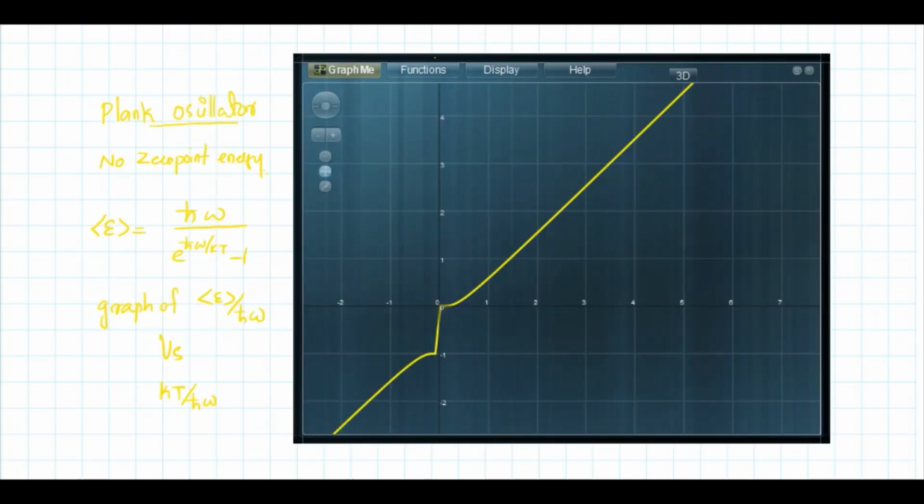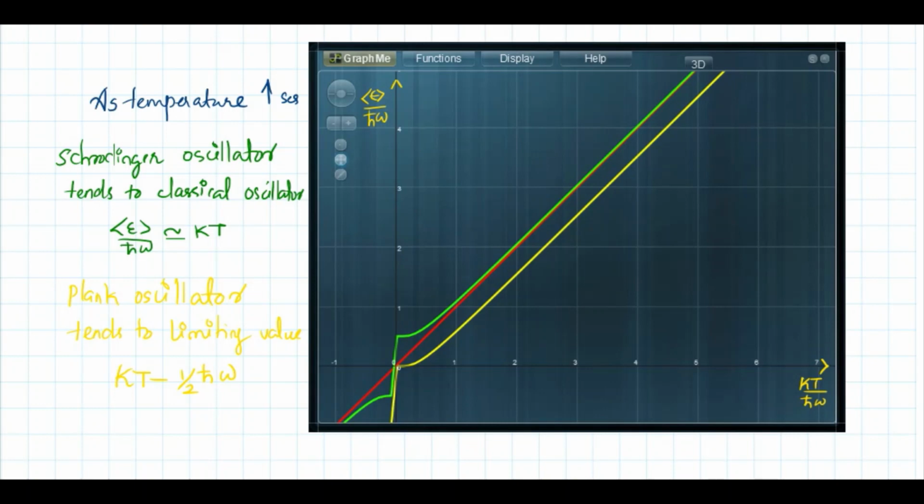Now I will plot all these three cases in a single graph. This green one is Schrodinger oscillator, red one is classical case, and this yellow one is Planck oscillator. As temperature increases, or at high temperatures, the Schrodinger oscillator becomes very close to the classical case.